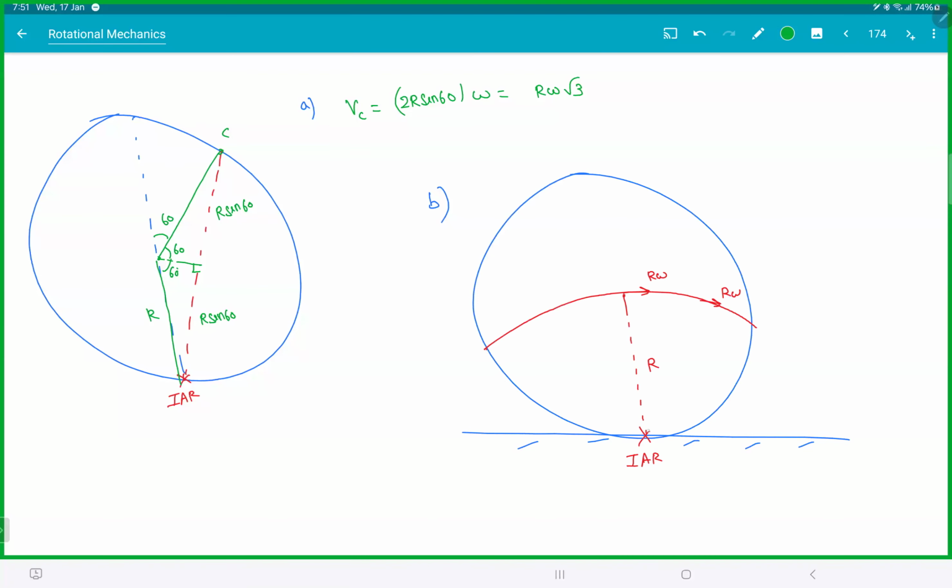Isn't that the speed formula? The distance from the IAR into omega. That means all the points on the disk at a distance R from the IAR will have a speed of R omega, where R omega is nothing but V. Make sense?